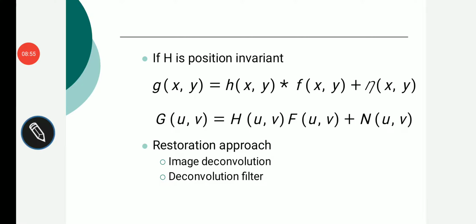If you take the position invariant case, g(x,y) is equal to the convolution of f(x,y) and h(x,y) plus η(x,y).